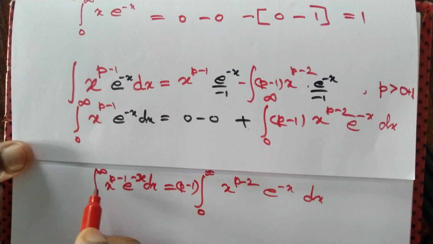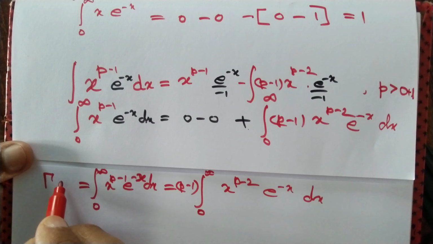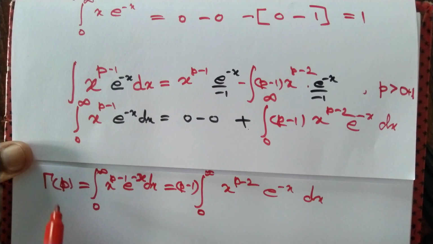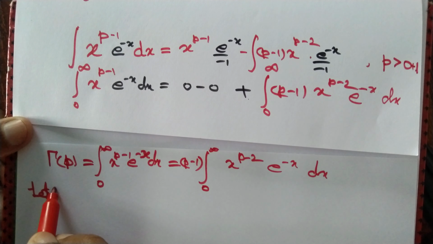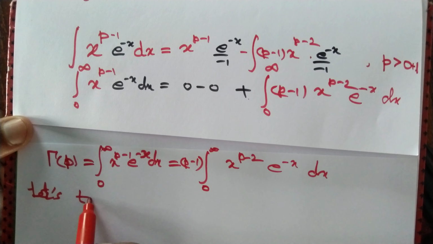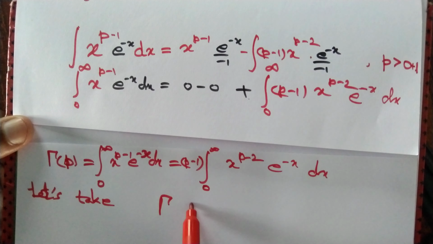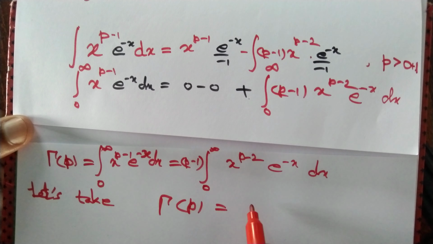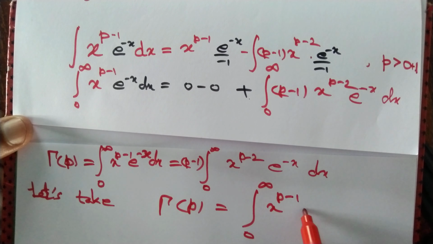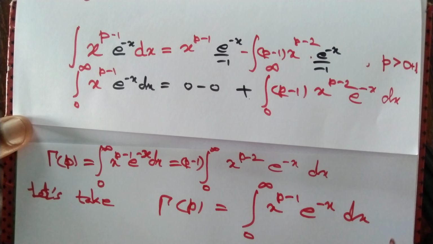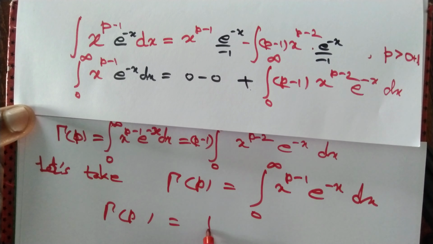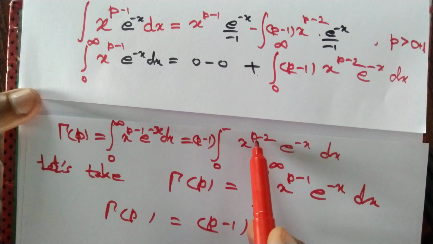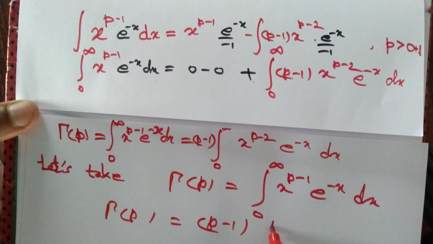Let's call this gamma p. Once again, let's take gamma p equal to, as another mathematician has done, just a number, the integral of x to the power p minus 1 e to the power minus x dx. Then we find that gamma p equals p minus 1 times gamma p minus 1.